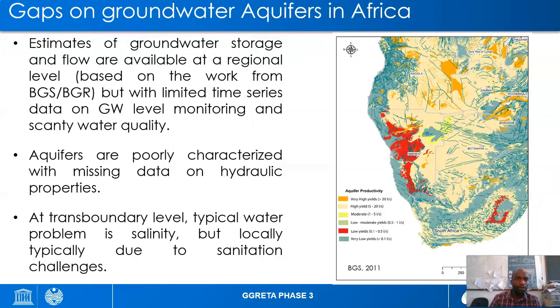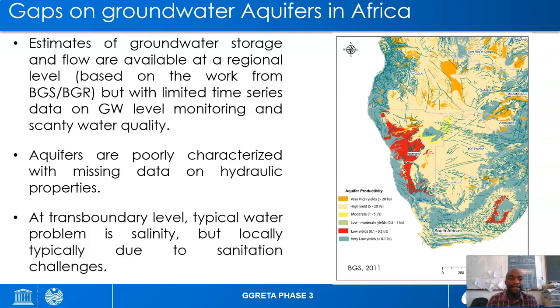Okay, so in terms of the key issues or gaps that exist at the moment on groundwater, even in transboundary aquifers, is that one, we don't have very clear indications of elements of storage and the flow at the regional level.